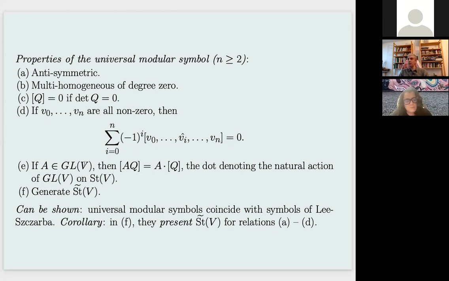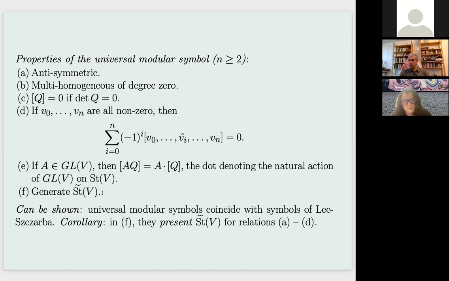Then finally, there's an action of GL of V on this, which respects the modular symbol, like this. And the last thing is that these universal modular symbols generate the reduced Steinberg module.